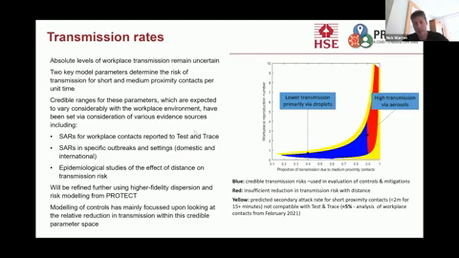I think the important thing to say here is that transmission rates in workplaces remain quite uncertain, and that they undoubtedly vary considerably between different types of workplaces. And also that we don't really have any infection data at an aggregate workplace level with which to calibrate the model.